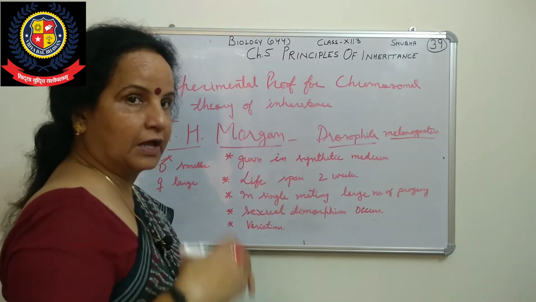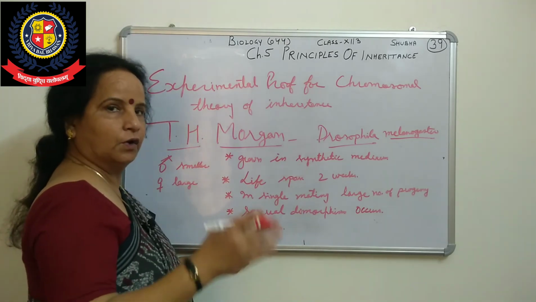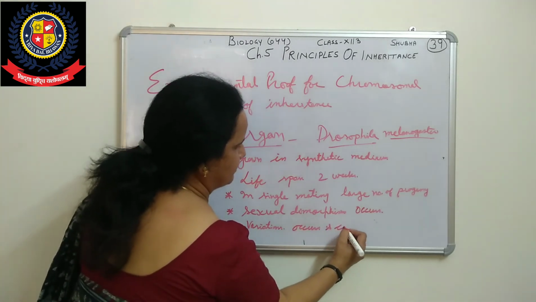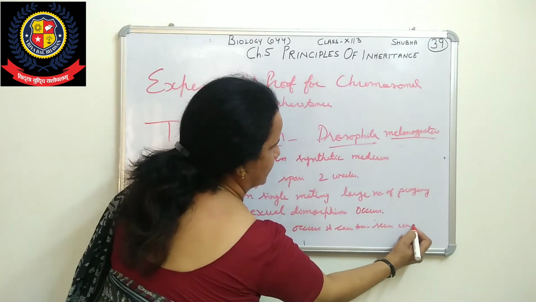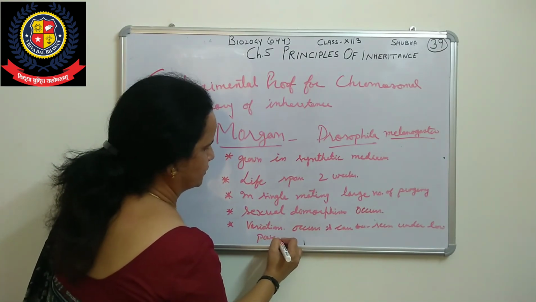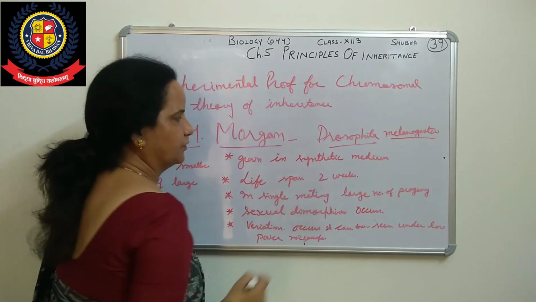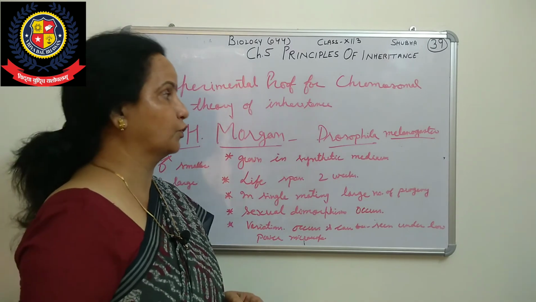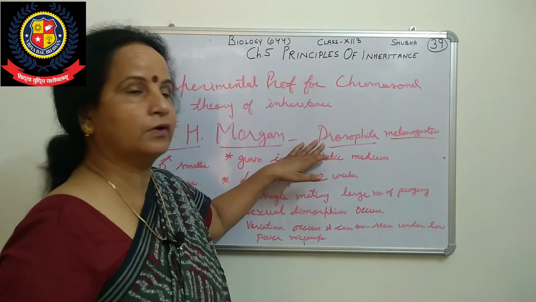We don't require a very high power microscope. There are 5 reasons, 1, 2, 3, 4, 5, for which T.H. Morgan selected Drosophila melanogaster for his experiment.